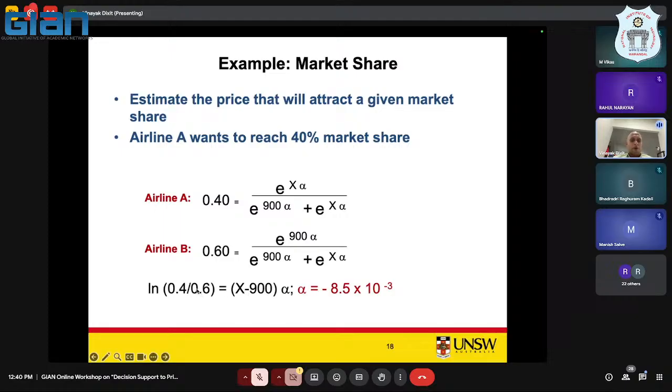So x is log of 0.4 by 0.6 times alpha, plus 900, right? It's going to be a little bit more than 900, which was basically $947.70. It has to be less than 1,000 and greater than 900. That we know.